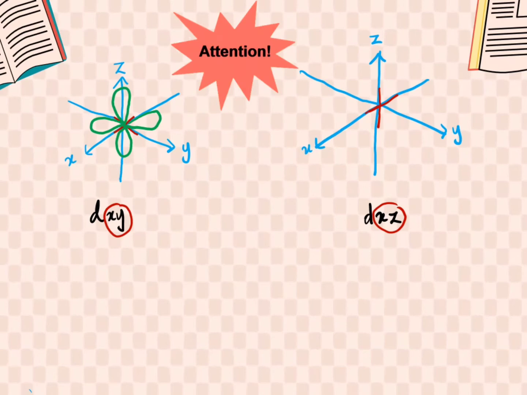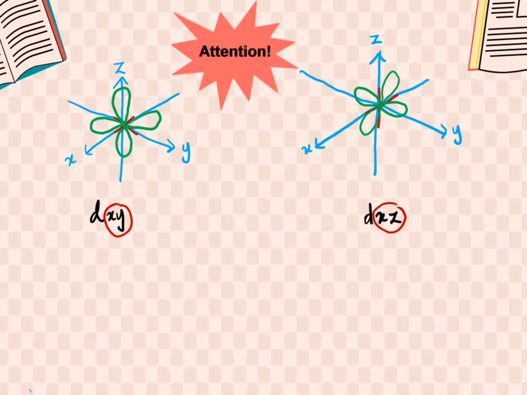So kita nak X and Z axis. So all the four loops should lie in between that axis. Dia mesti berada in between. So kita akan lukis like that, the first loop, the second loop, the third loop, and the fourth loop. See? Like that. So this is dxz. So all the loops are in between X axis and Z axis.